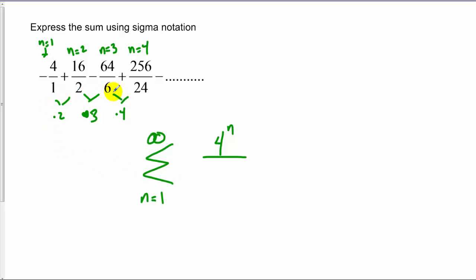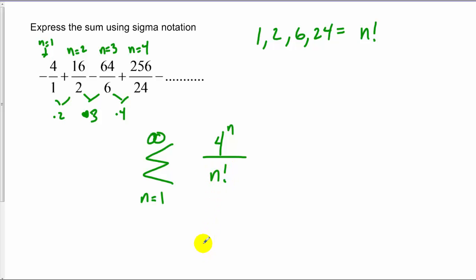So when you see 1, 2, 6, 24, that's basically a pattern for n factorial. So let's go ahead and do that.